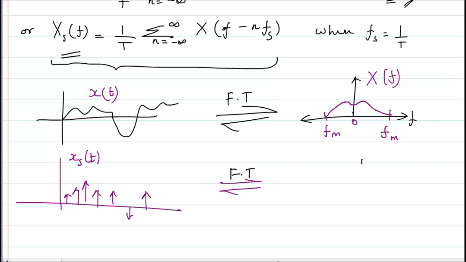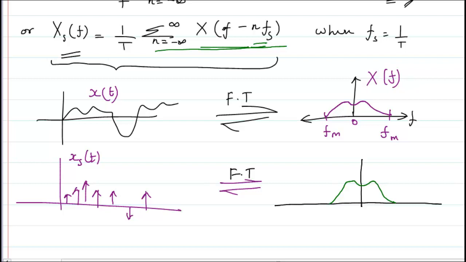Let me now draw this very carefully. So if I am going to draw this signal, I will have this signal basically drawn like this, which is X of f. Now what is this equation? See, this equation is a series of different X of f shifted by this value.